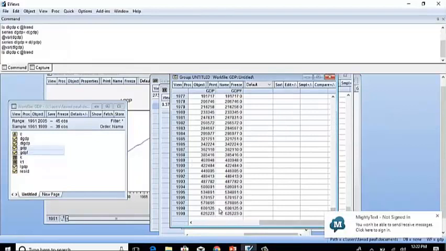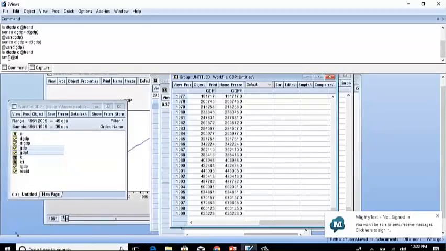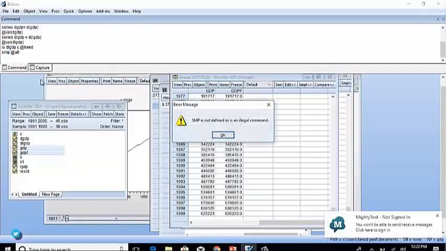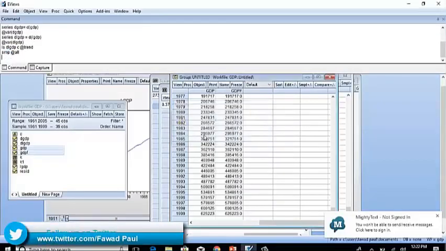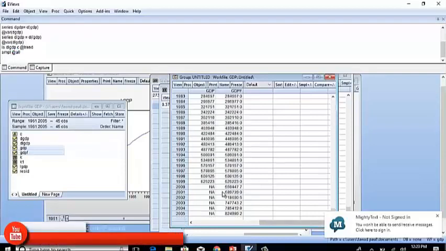This is the actual one and this is the forecasted one. SMPL at all shows all the values. This is all forecasted and this is the actual.